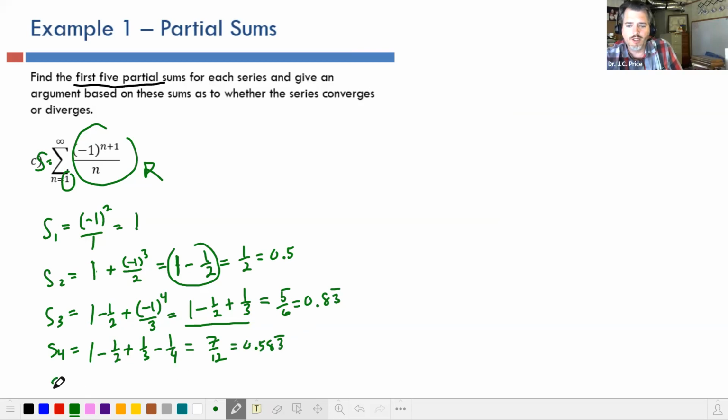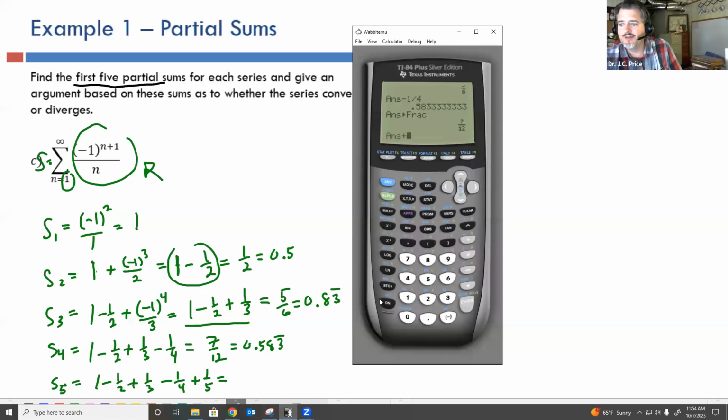And I'll do one more here. So S sub 5 is equal to 1 minus 1/2 plus 1/3 minus 1/4. And when we change signs like this, we say the series is alternating because it goes plus minus, or minus plus, or plus minus plus minus, and then it'll go plus 1/5. And so that's going to be equal to, so finally on my calculator, I'm going to add a fifth to this guy right there.